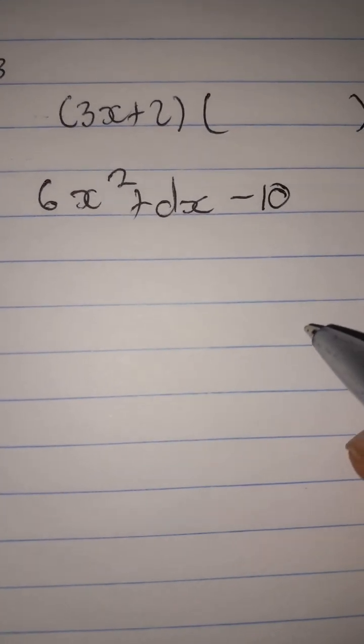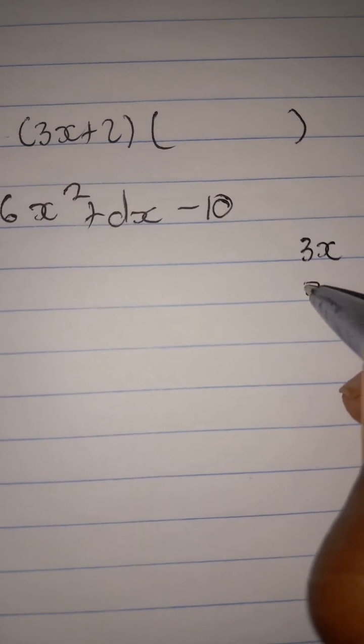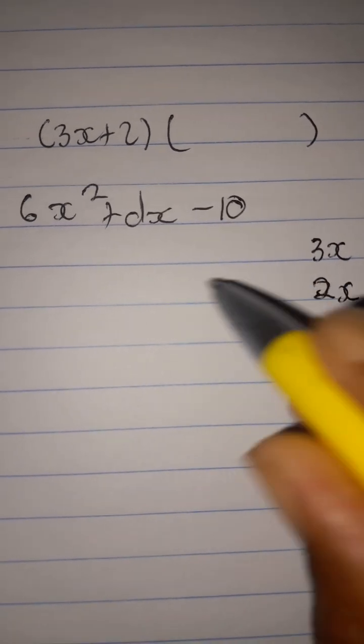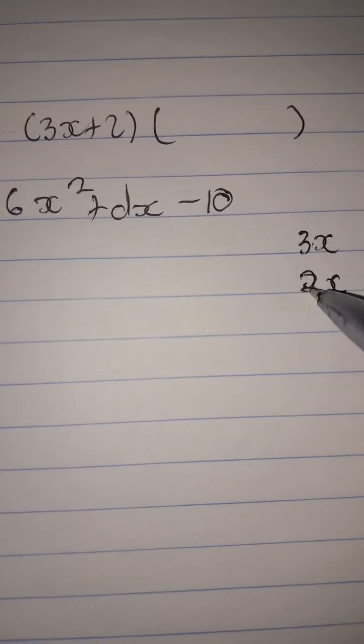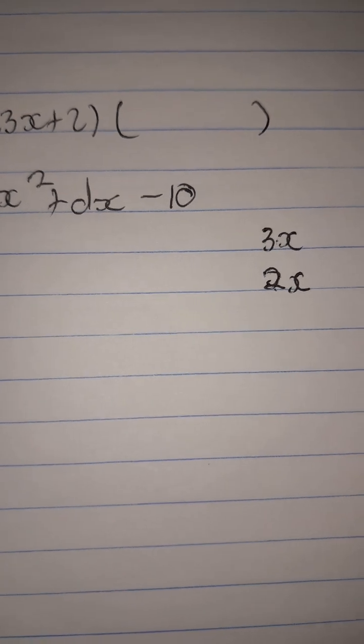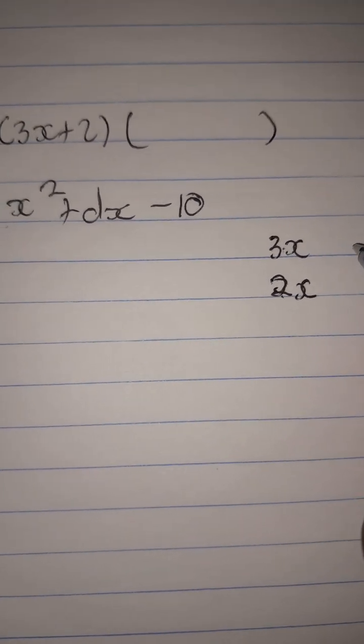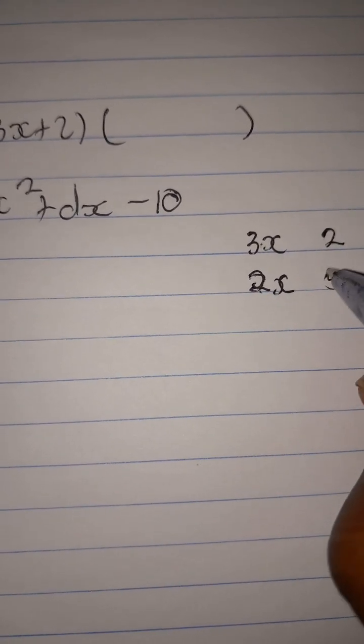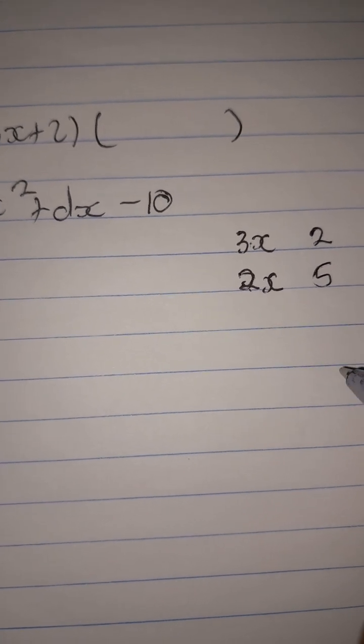So if we were to find the factors of this, we know that the factors of 6x squared will be 3x as well as 2x, because 3x and 2x will give us 6x squared. What about the factors of 10? That will be 2 and 5, right?